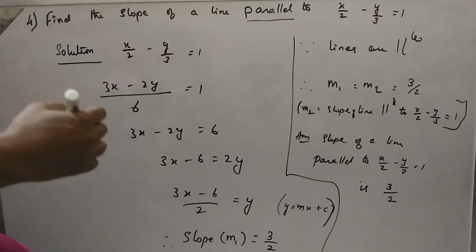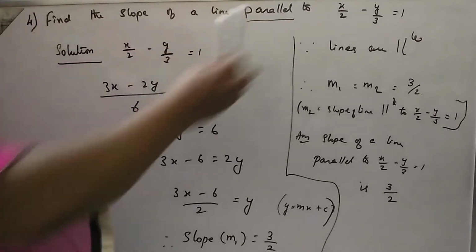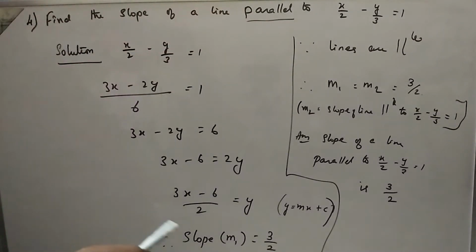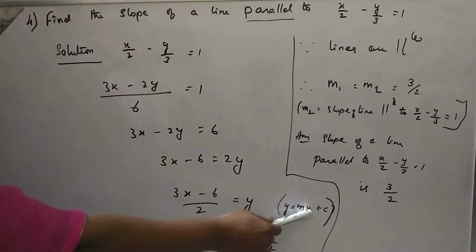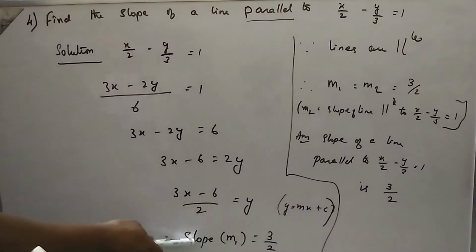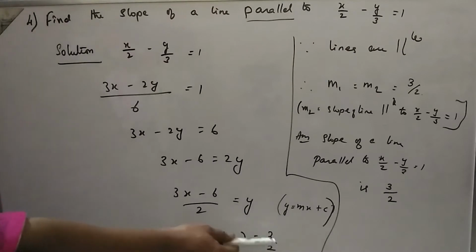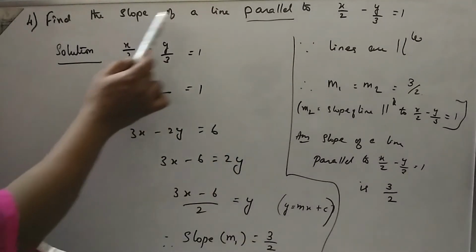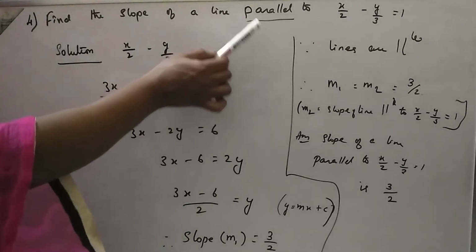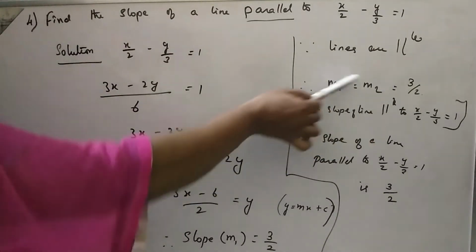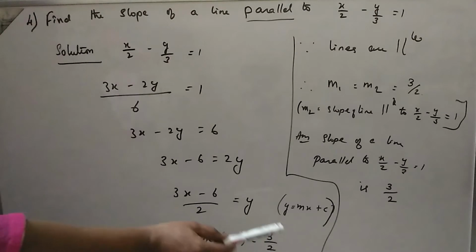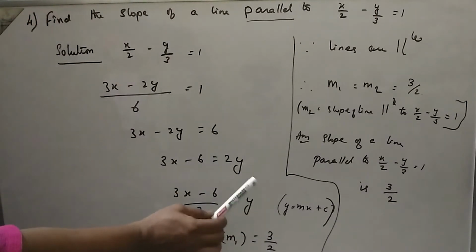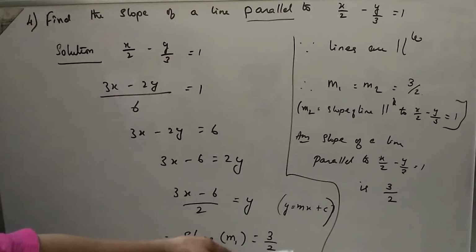Okay. So first equation you have to take and bring the equation to the form y is equal to mx plus c and take out the slope. Then you have to see if it is parallel, you will write m1 is equal to m2, same. If it is perpendicular, m1 into m2 is equal to minus 1.